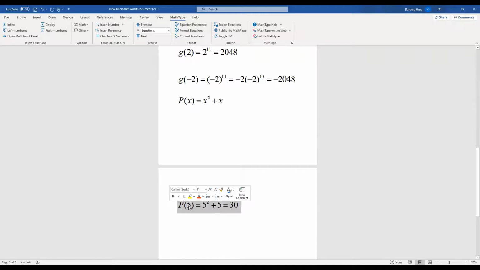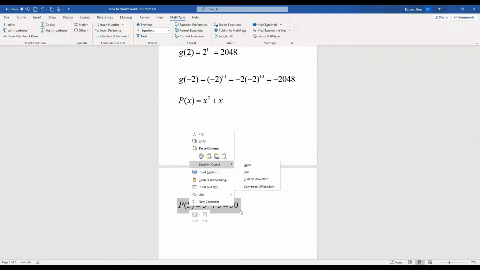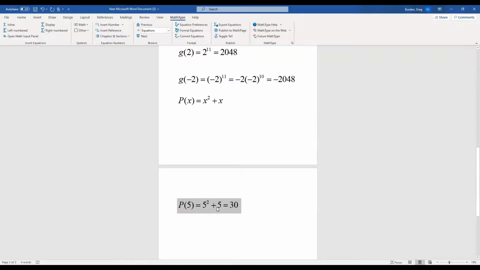So if we look at the corresponding input for negative 5, you copy that and paste again, and make that negative, with parentheses around it. So when in doubt, use parentheses, which is what I'm doing right now.